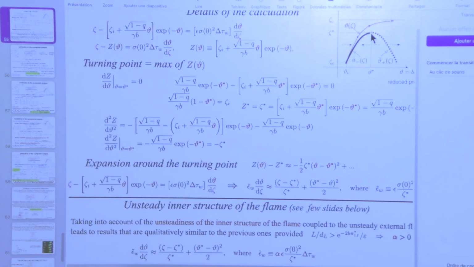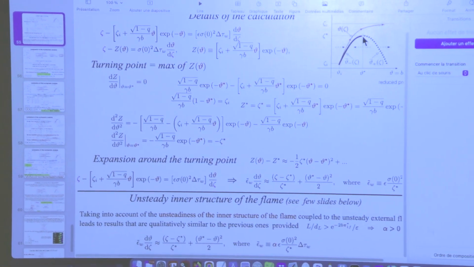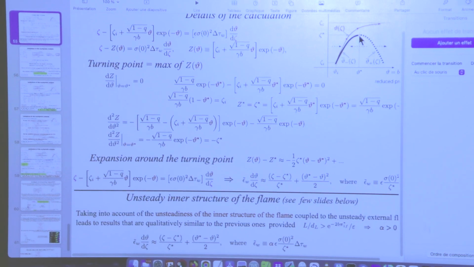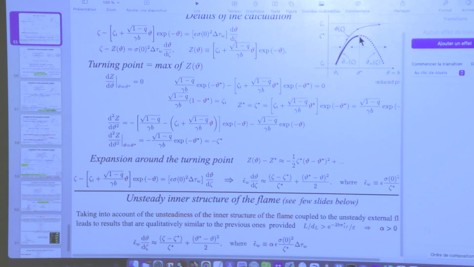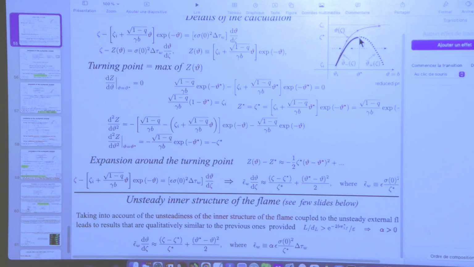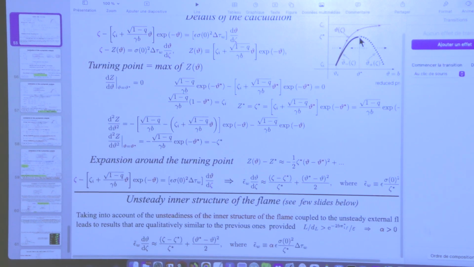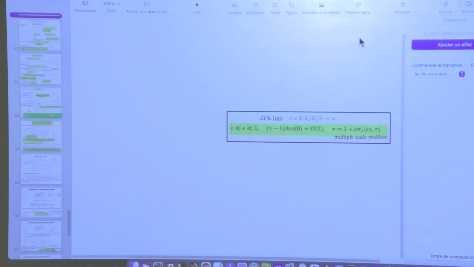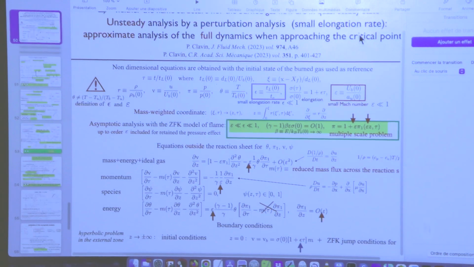So finally, the result stays the same as it was before I took into account the unsteady effect of the flame. So to conclude, I have a simple description of the transition in this problem.